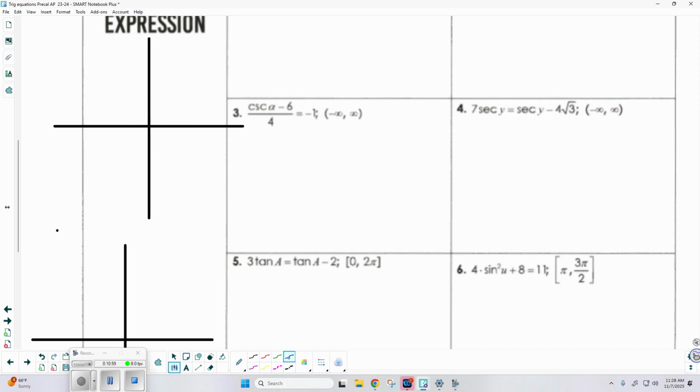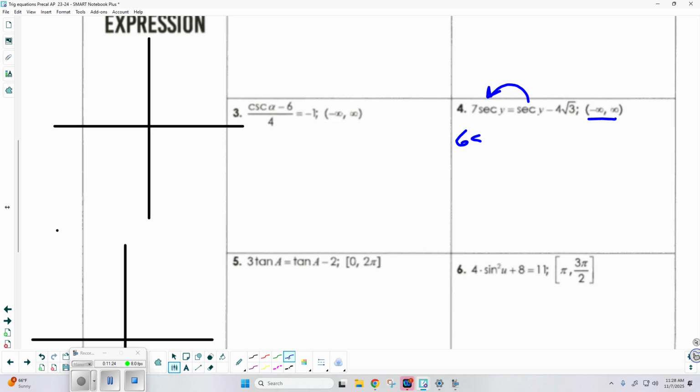Okay. So 7 secant of y equals secant of y minus 4 root 3. Okay, so again, this is an infinite interval. So at the end, I'm going to have to add something to my answers. Okay. So I got to isolate secant. How should I do that? Okay, let's just subtract secant over. So what's a 7 secant minus 1 secant?